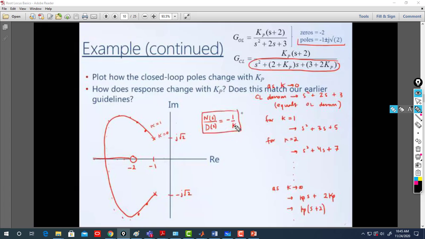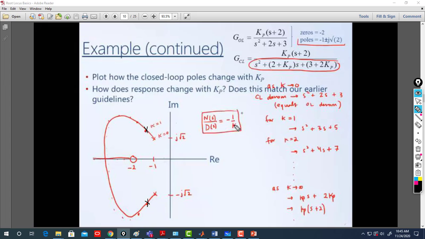So now let's take k equal 1. As simple as that. So if I take k equal 1, then n over d equals minus 1. This is going to give me s equal these two values. This is because at k equal 1.